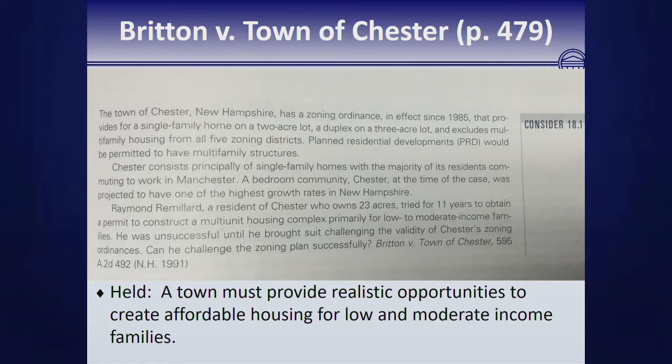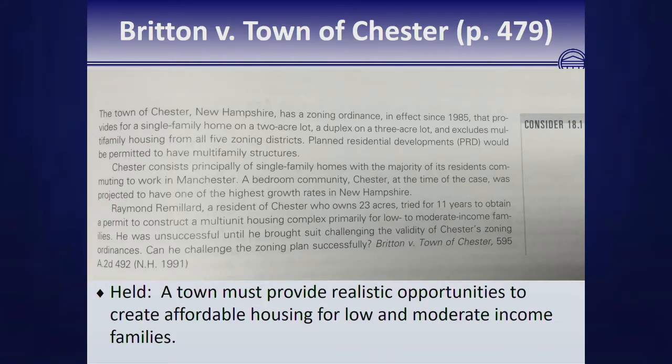It provided for single-family homes on a 2-acre lot, a duplex on a 3-acre lot, and it excluded multifamily housing from all 5 zoning districts. Planned residential developments would be permitted to have multifamily structures. Chester consists principally of single-family homes. The majority of its residents commute to work in Manchester, so it's a bedroom community.